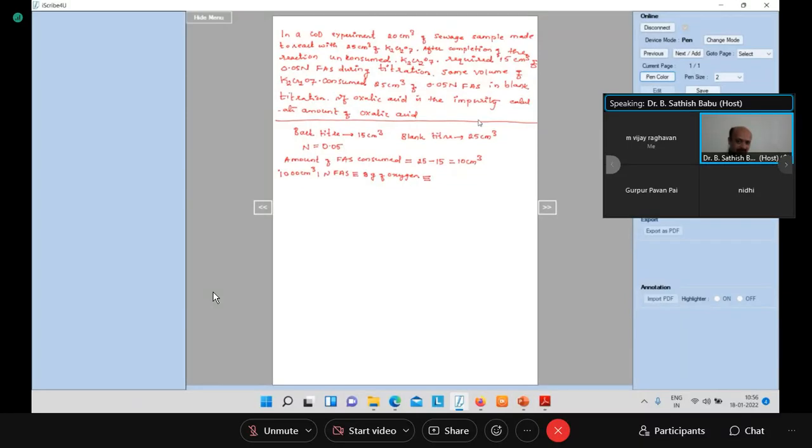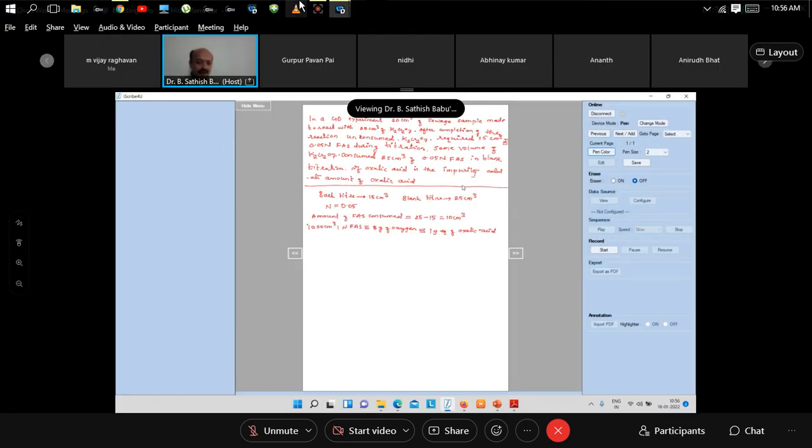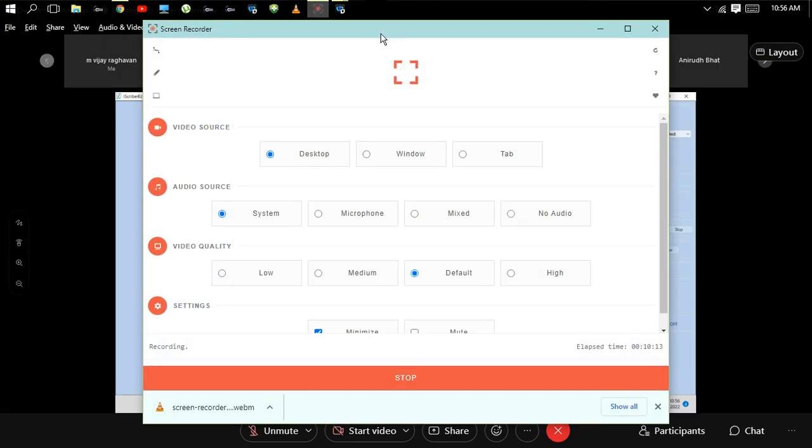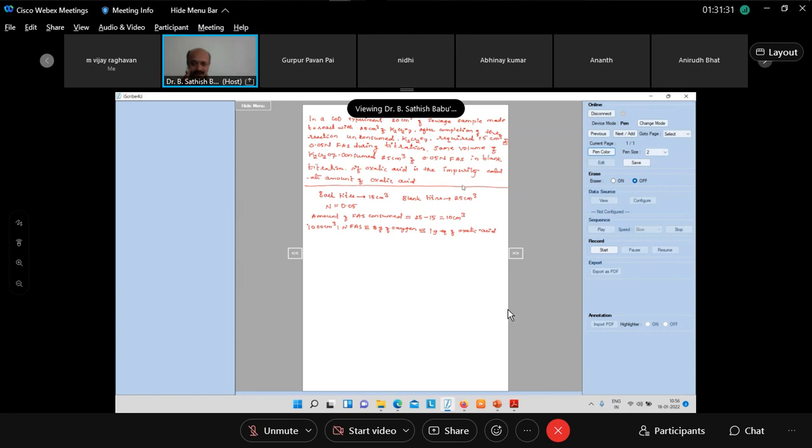Oxalic acid. Okay, so directly you can write the equivalence like this. This will be equivalent to 1 gram equivalent of oxalic acid. So 1 gram equivalent of oxygen will be equivalent to 1 gram equivalent of oxalic acid. Can you write like that?